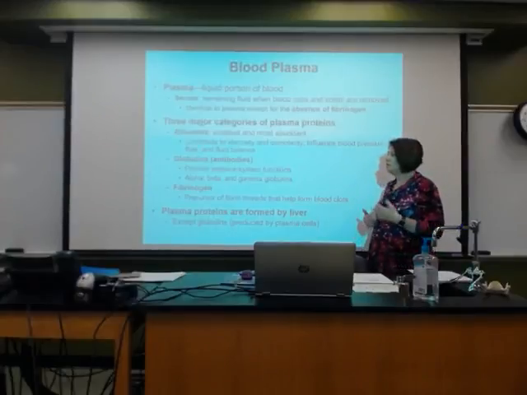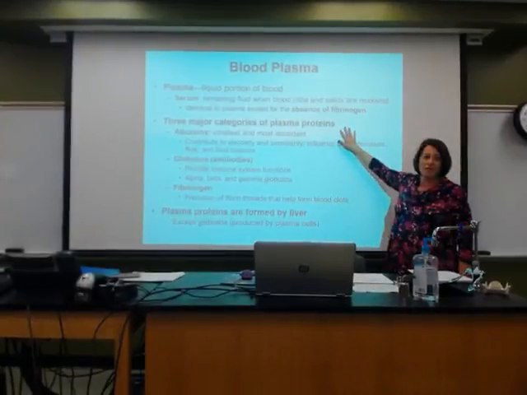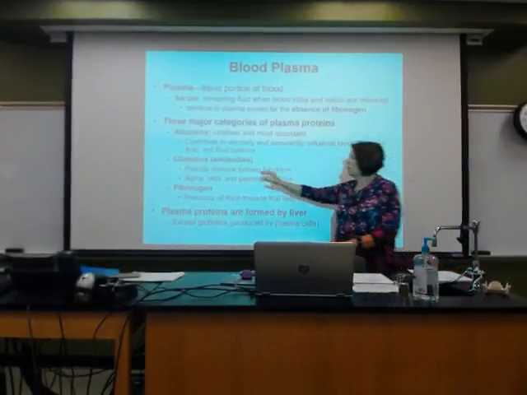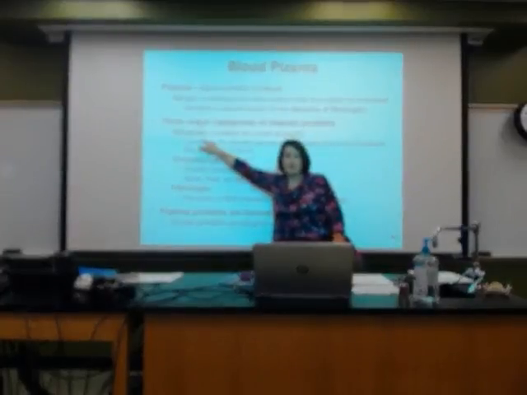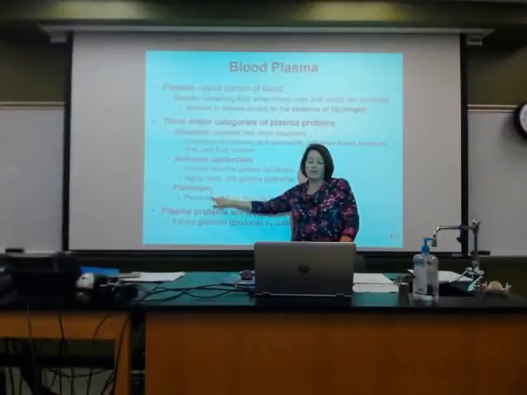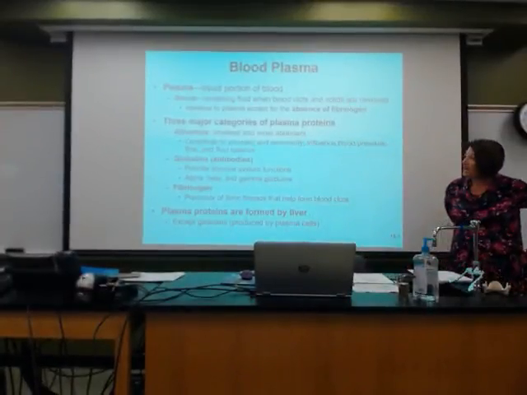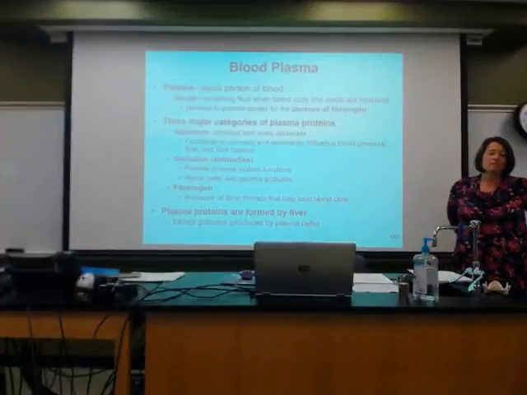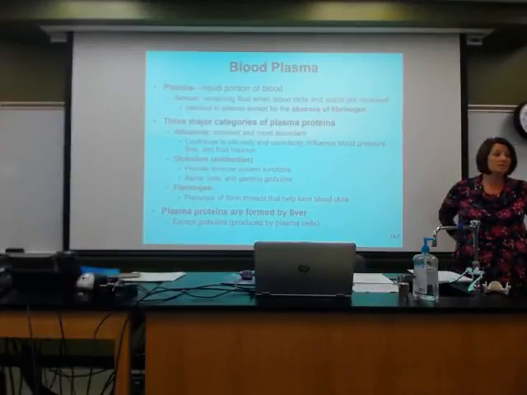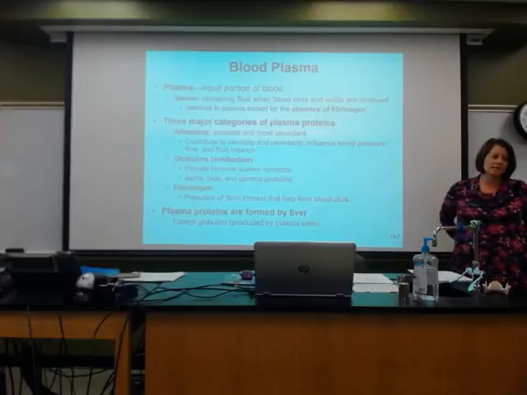For those proteins that we have in the blood, we have albumins, globulins, and the fibrinogen. Albumin is the smallest protein present in the plasma, but it's the most abundant.